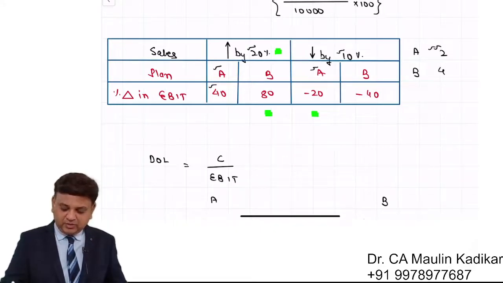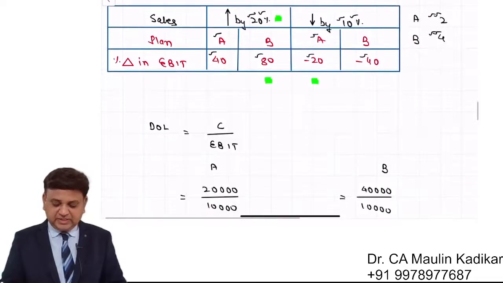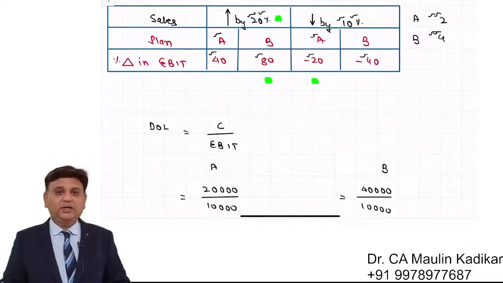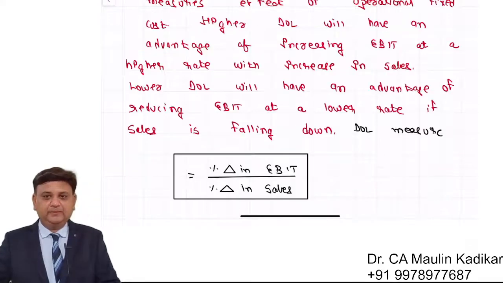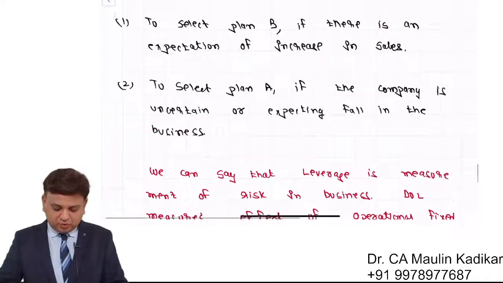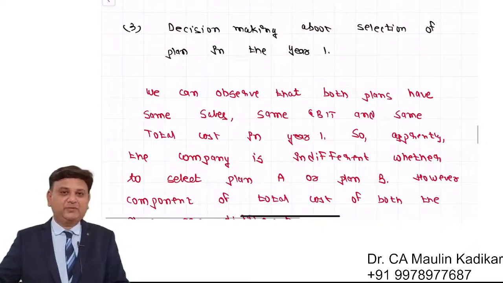Negative 10 into 2, negative 20%. 20 into 4, positive 80. Negative 10 into 4, negative 40. This is the way the percentage change in EBIT can be calculated for every 1% change in sales. Everybody is requested to go through the entire note that I have dictated to you for the third part of the question.